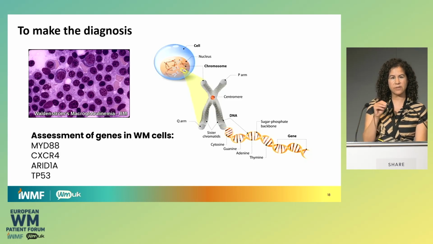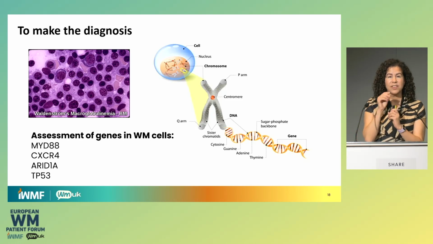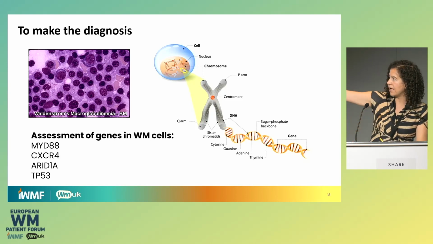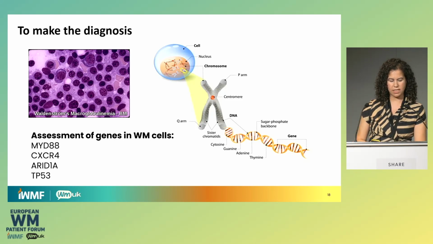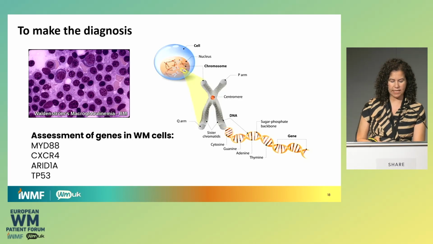But we can also now look inside the cell, and this is being done more routinely in the NHS and worldwide. So we can look at the genes in the DNA within the cells. I've got a list here of some of the genes that can sometimes have mutations, if you like, mistakes in the coding of these genes, and some of these are very frequent in WM.